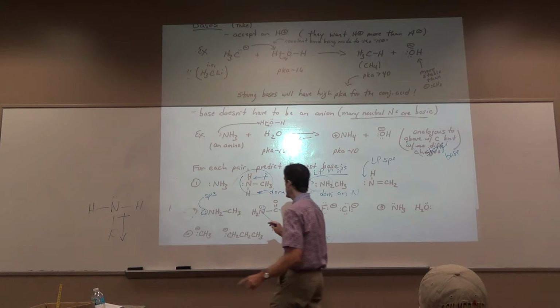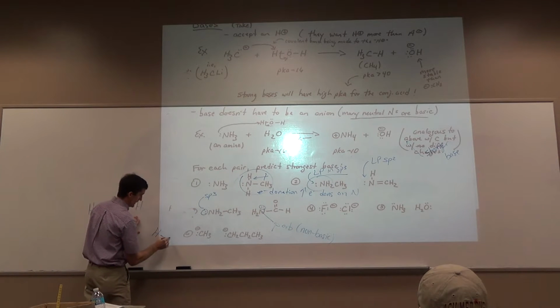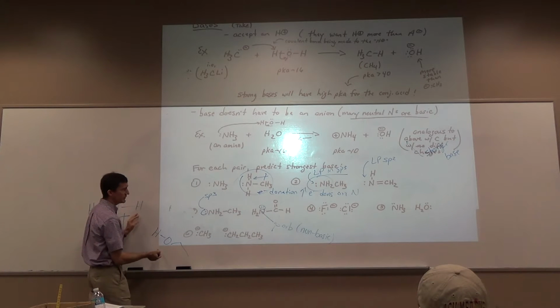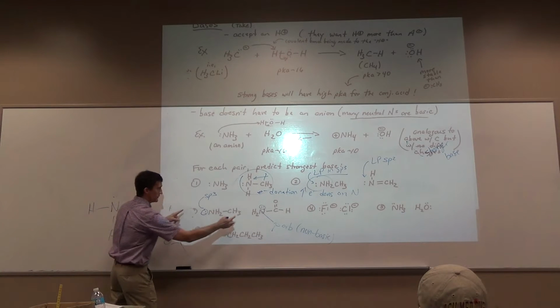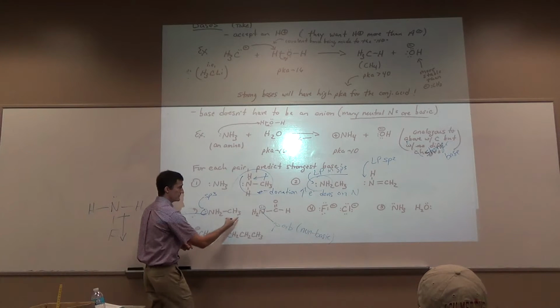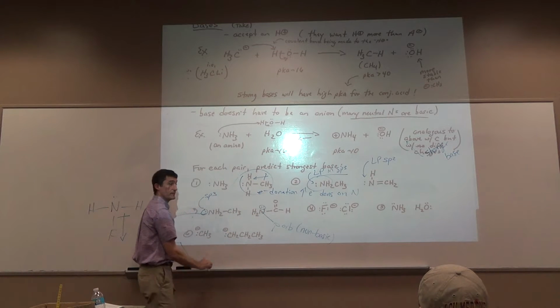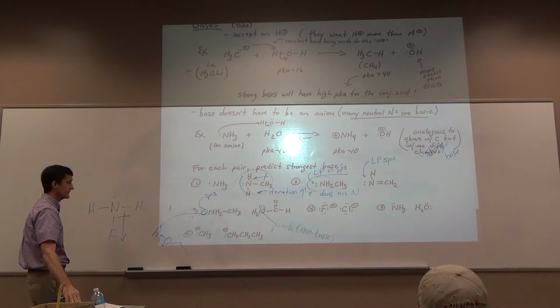We're talking about which one of these is going to be more likely to go react with the ethanol. Which one of these is more likely to go do this? This one, because this lone pair is doing something else. It's conjugated. It's not interested.